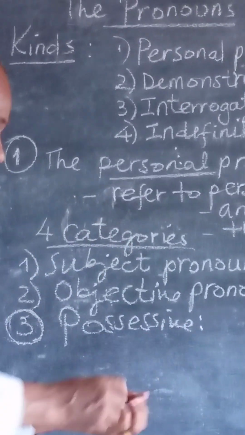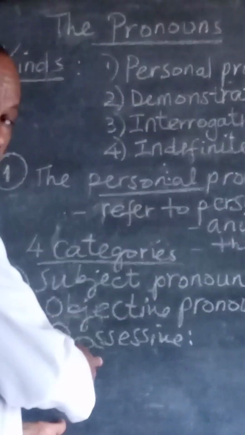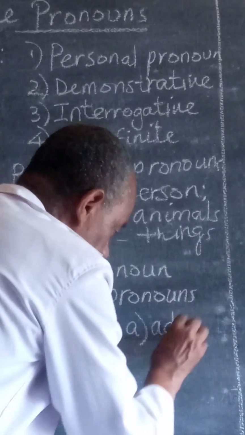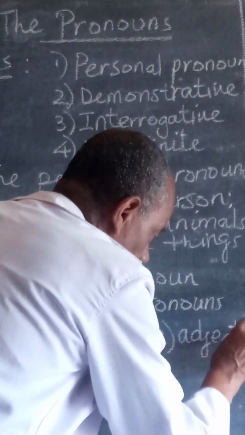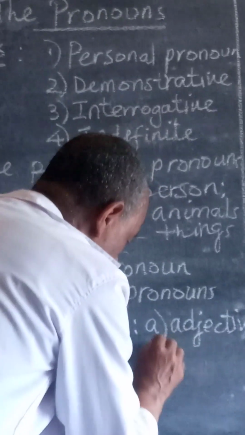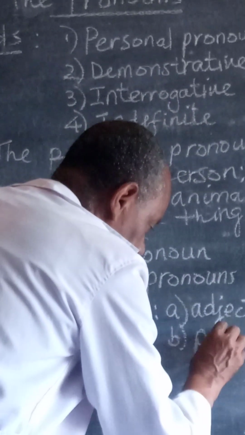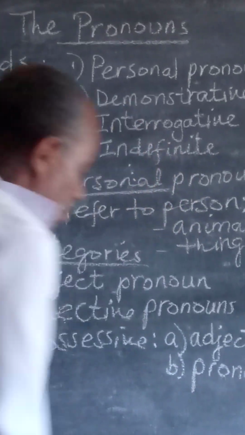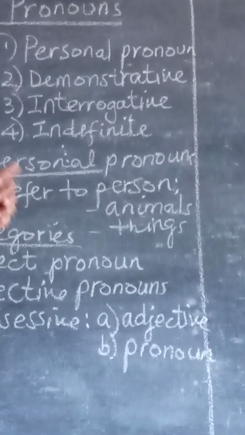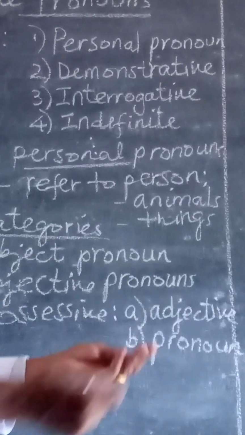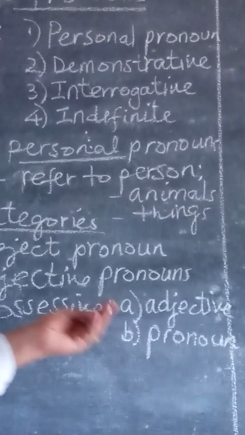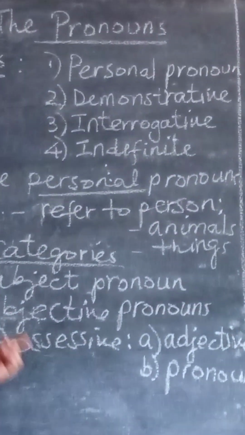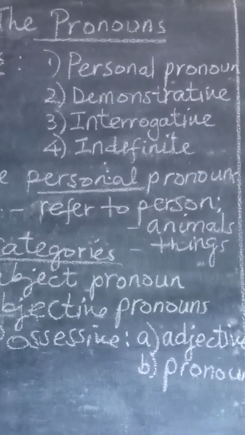There are also possessive adjectives. So we divide these into two: one is possessive adjective, the other is possessive pronoun. We cannot combine these two by saying possessive pronoun, because there are possessive adjective forms.